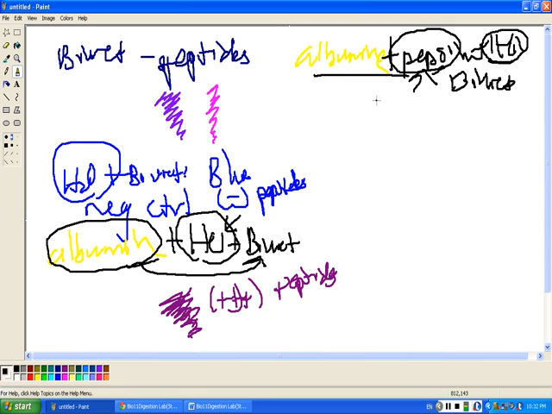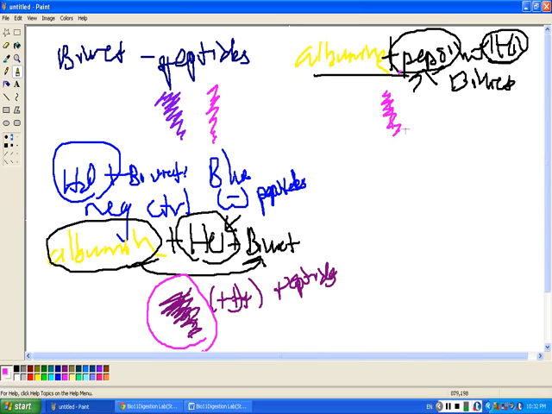If it digests the albumin, a polypeptide chain, it's going to make it into smaller and smaller polypeptide chains, giving us fewer and fewer peptides. So we're going to expect more of a pinkish color, not as purple as the whole albumin that we had earlier, since pepsin ends up digesting that polypeptide, making it shorter and shorter.